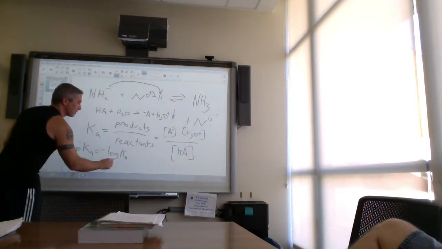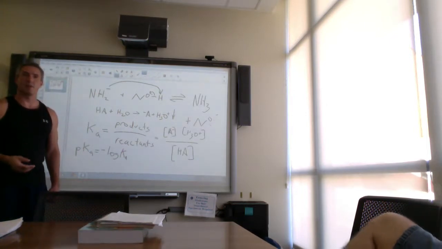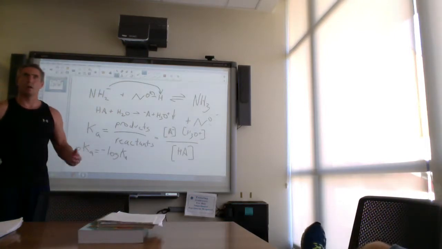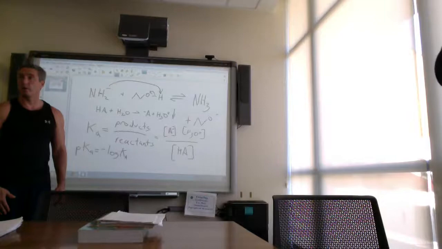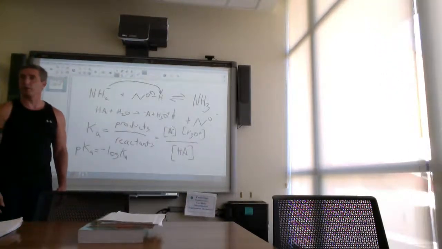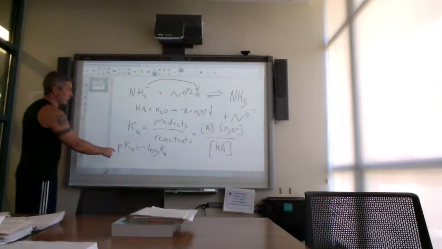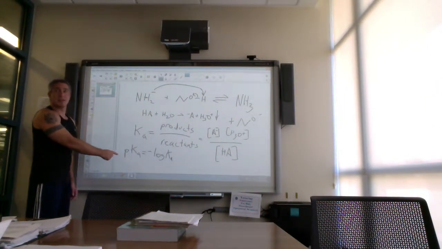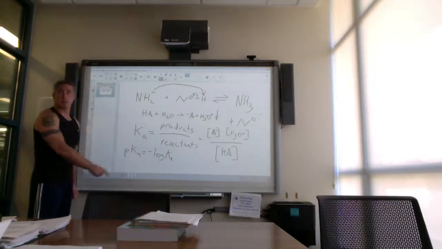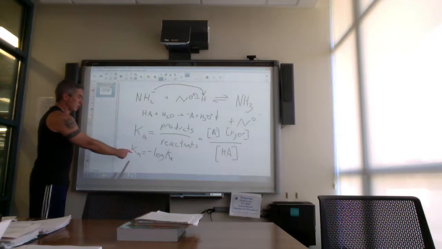It makes the numbers simple. Instead of having 3 times 10 to the -8th, you end up with, let's say, pKa of 7, or 16, or 9. Much easier number to compare, right? Little sniglet of information. Generally speaking, when you see P, it means take the negative log of whatever's after it.